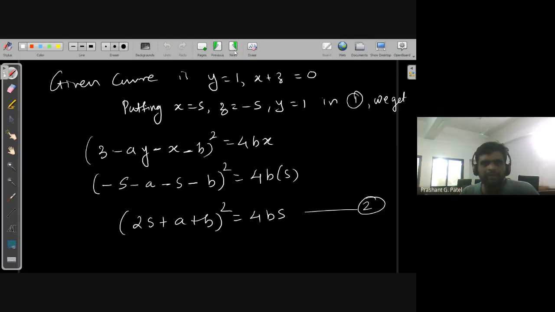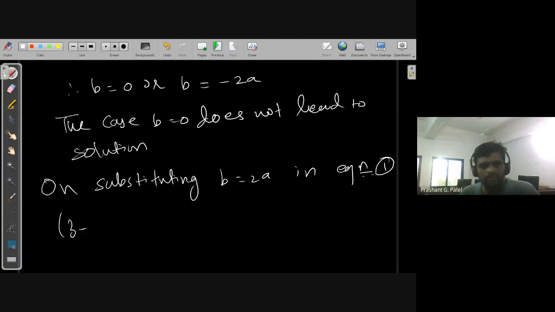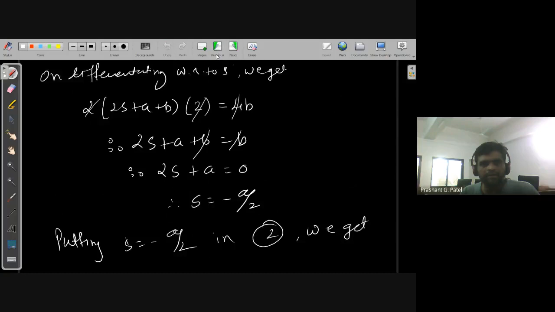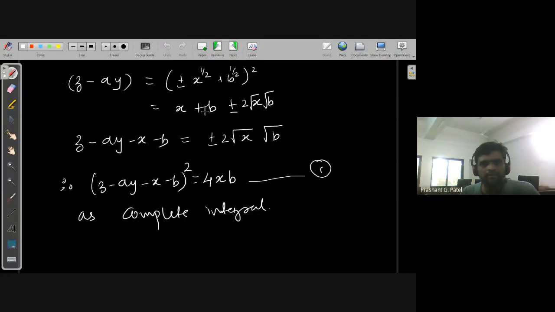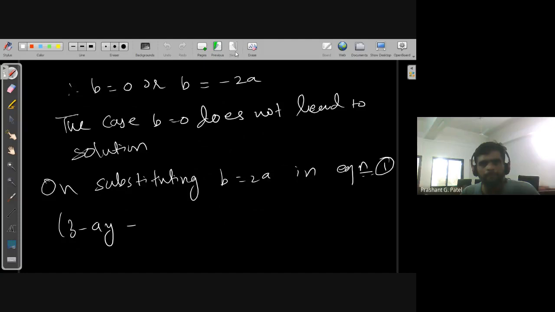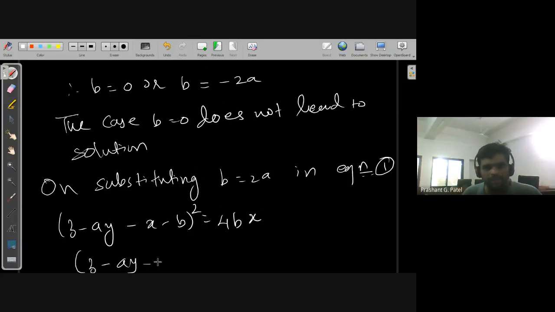So it is (z minus ay minus x minus b) whole square equal to 4bx. Now we have substituted this value b equal to minus 2a here. That is (z minus ay minus x plus 2a) whole square is equal to 8ax minus 2a. So this will become plus and this will become minus.